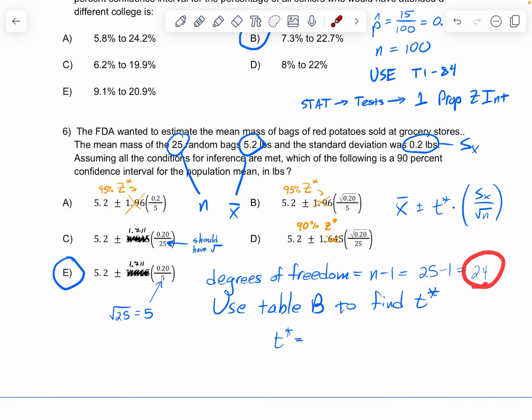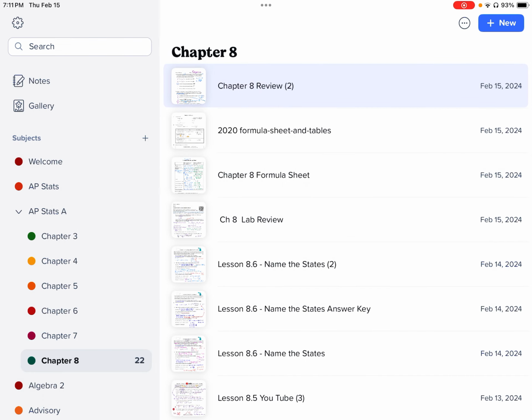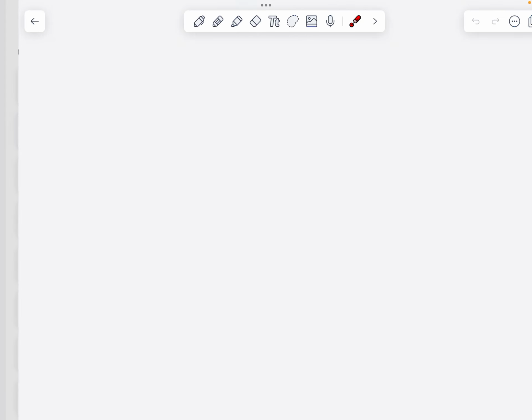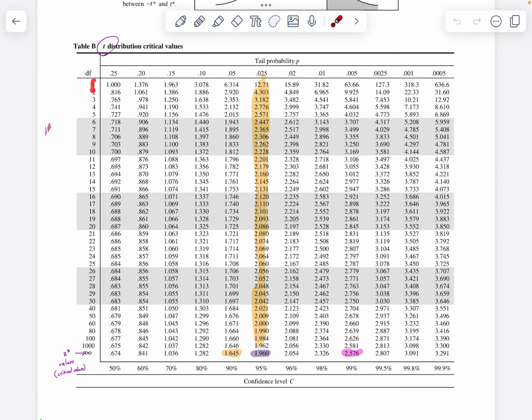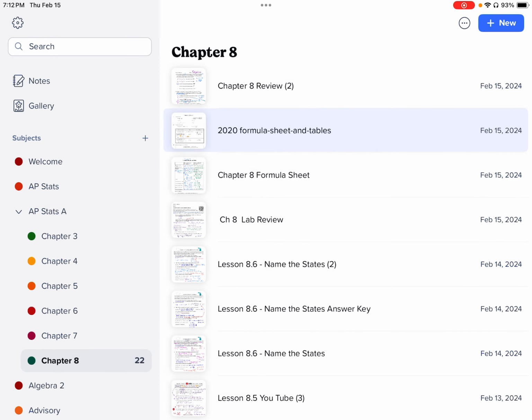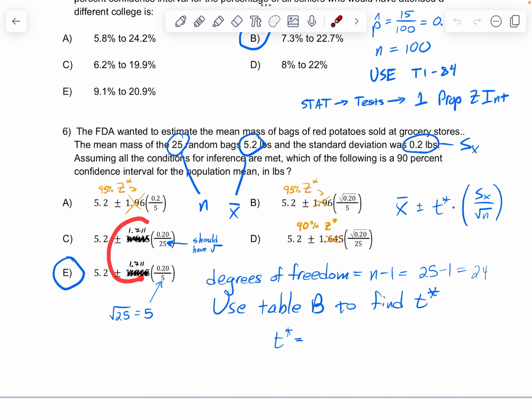I need this and I need this, and I look in my packet to where they intersect. Yep, this one. Degrees of freedom is down the side, right? So 24 and 90, that's right here. 1.711. So that limits it to 2 of the answers, to these 2.